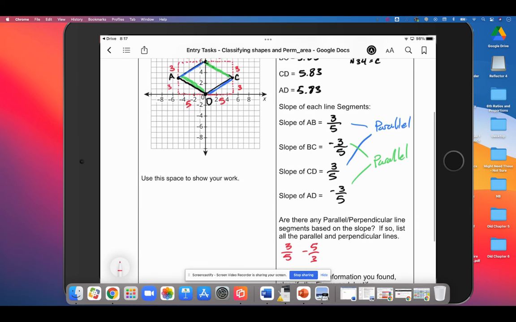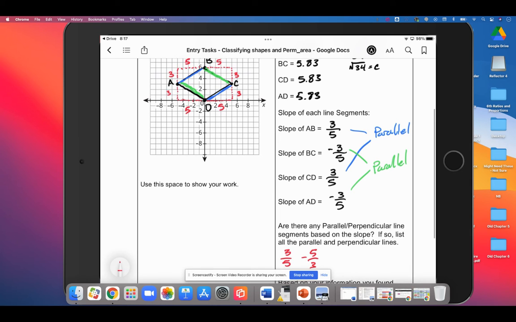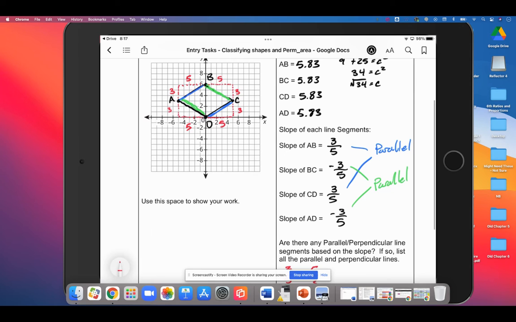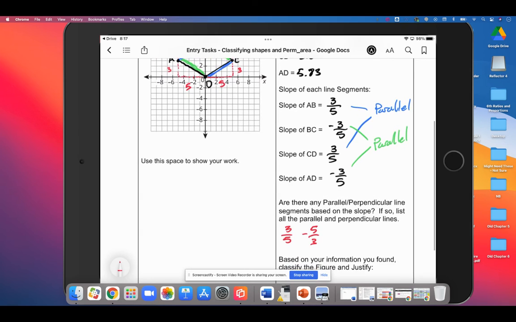I do have sides that are parallel, and all the sides are the same length. And so if I did have perpendicular lines, this would be a square. Because I don't have perpendicular lines, this is going to be a rhombus.